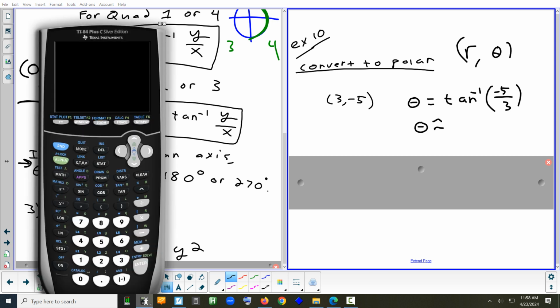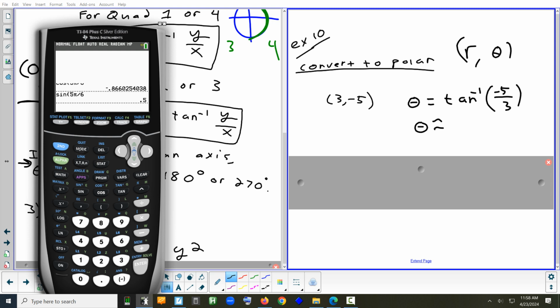So I'll just type that in. I'm going to do it in degrees. Inverse tangent of -5/3. So that's fine, -59. Okay, we had negative angles. But what if I wanted it positive? What can you add to it? 360.